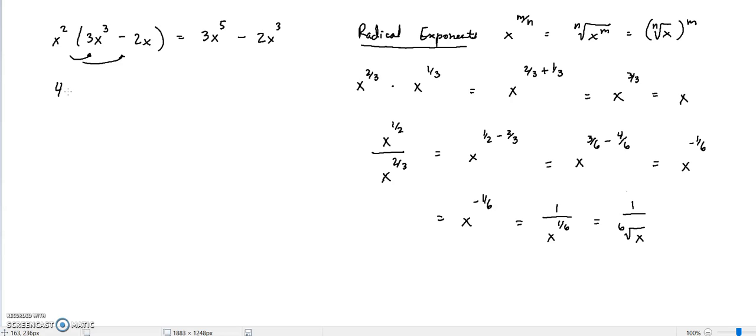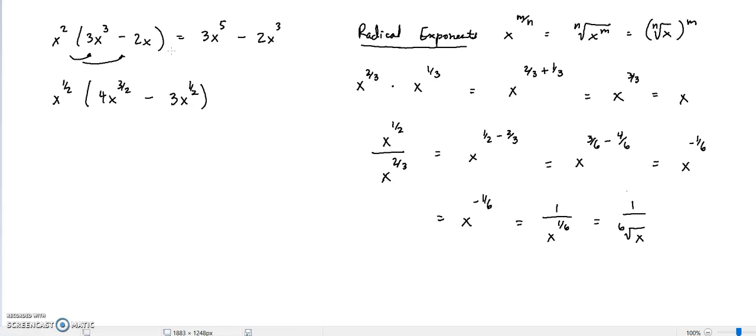So let's say that we have, actually I don't have the example on here. All right, let's do x to the 1/2 times 4x to the 3/2 minus 3x to the 1/2.